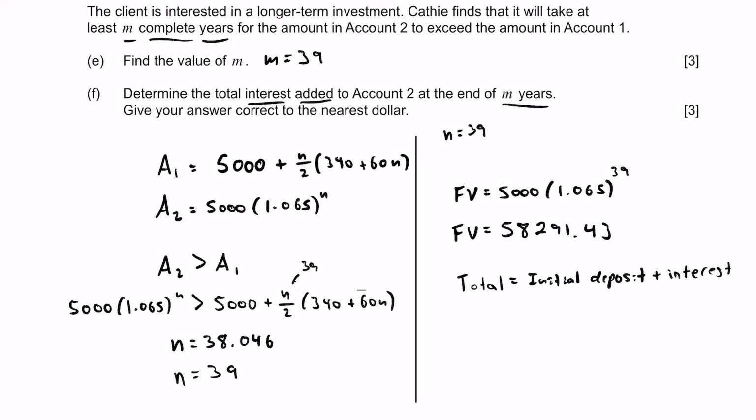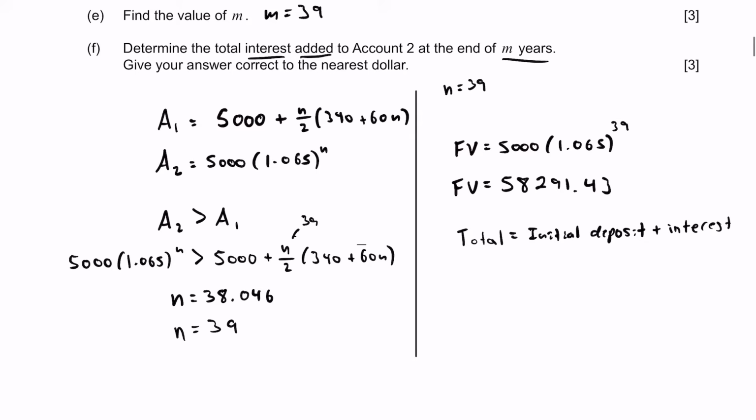So we put in 5,000 initially. It's grown to 58. So everything above that initial 5,000 is interest. So let's find our interest. Essentially, we're going to rearrange this. And we will have interest is equal to the final amount minus initial deposit of 5,000.